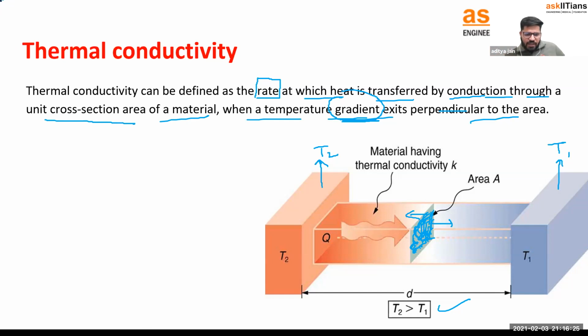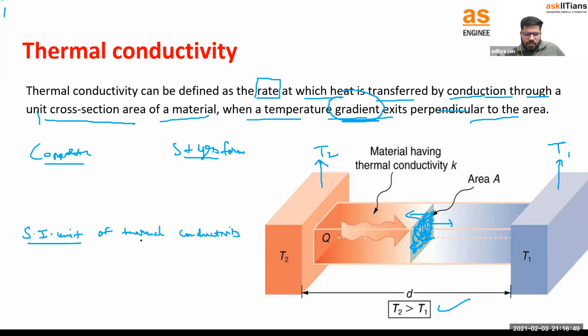Suppose I take an example of copper, and an example of an insulator like styrofoam. One is copper, another one is styrofoam. Before going into the values, first see what the SI unit of thermal conductivity is. The SI unit of thermal conductivity is watt per meter Kelvin.